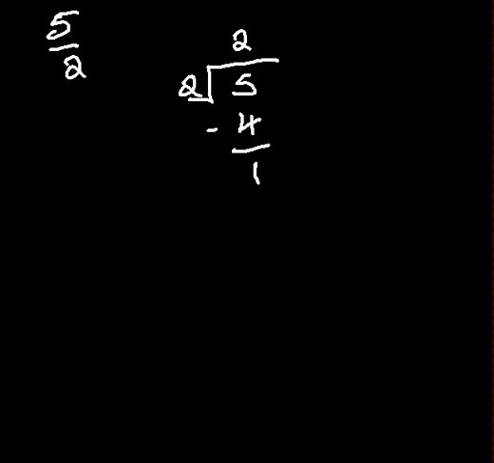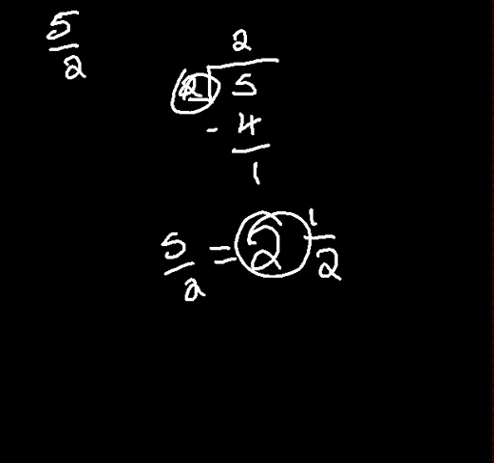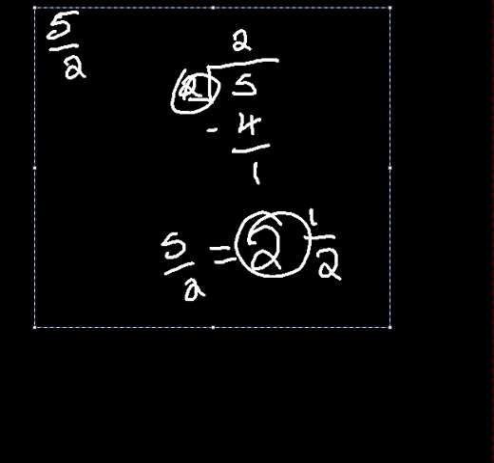Now 5/2 can be presented as 2, which is this, and the remainder divided by 2, which is that. So this 2 is said to be the whole number. Let's say we have 10 divided by 7.